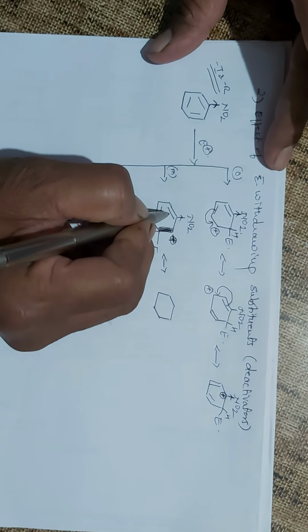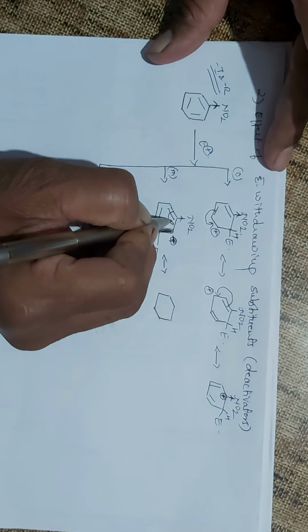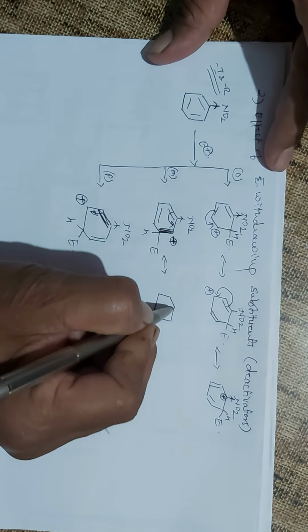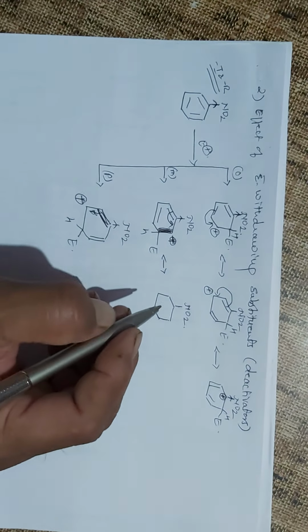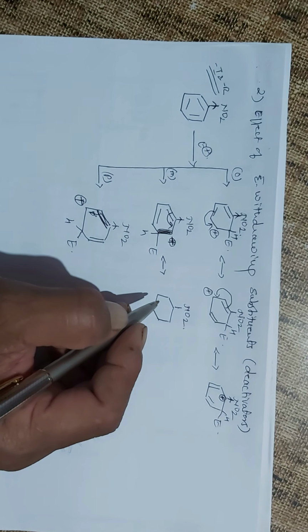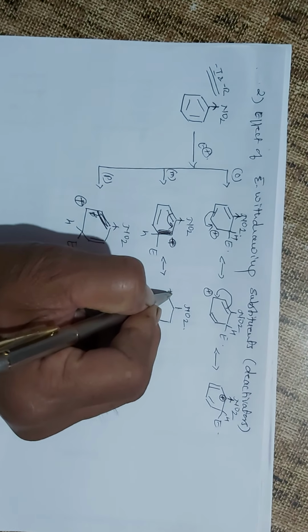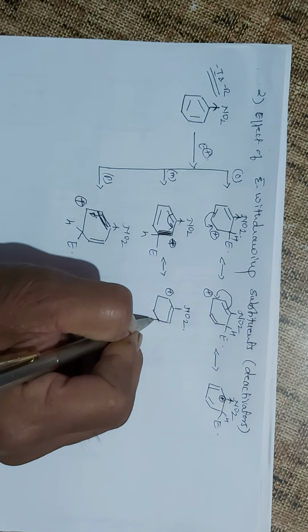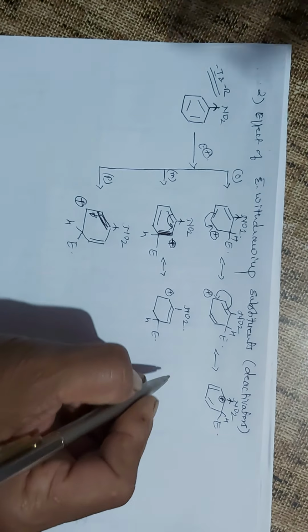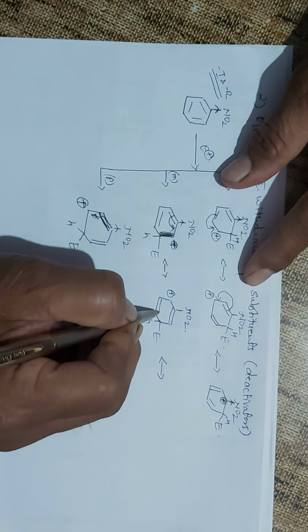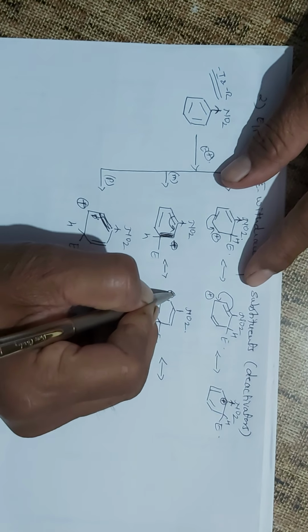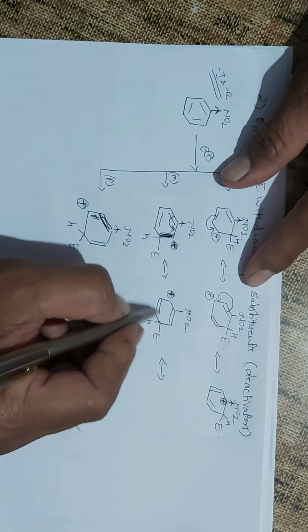Here if you just see that this electron pair is shifted here, you will get the meta substituted product, and the positive charge is not going to the carbon bearing the nitro group.